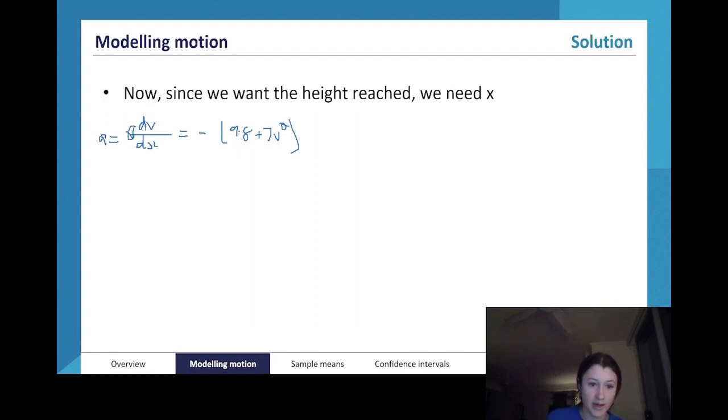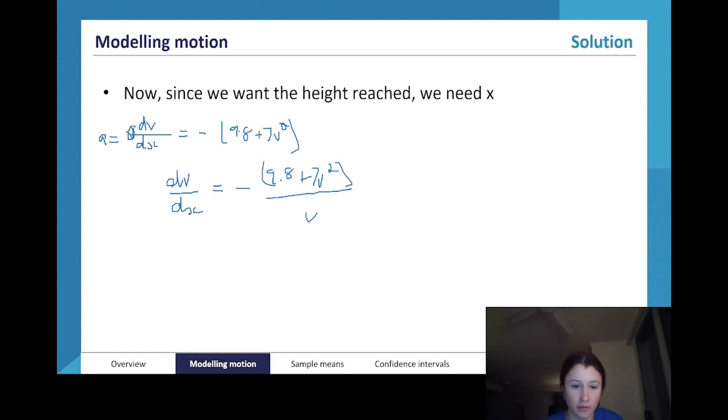So we're going to take this v over to the side. So we have dv/dx equals negative 9.8 plus 7v squared, over v. Now to get x, we need to integrate, right? But we have dv/dx, which isn't what we want to isolate x.